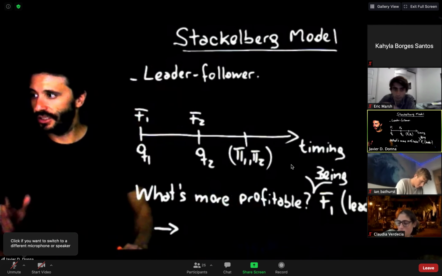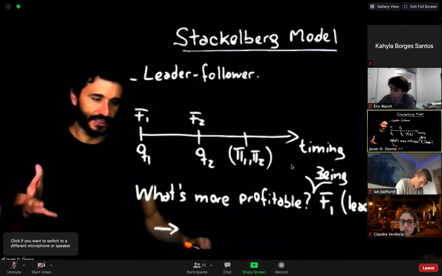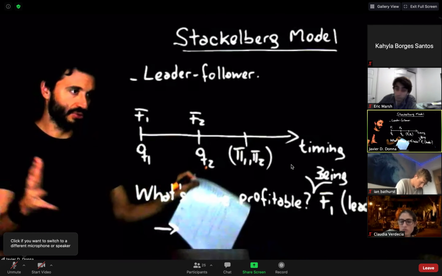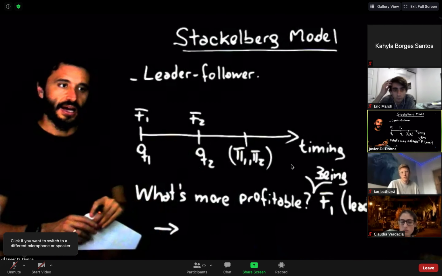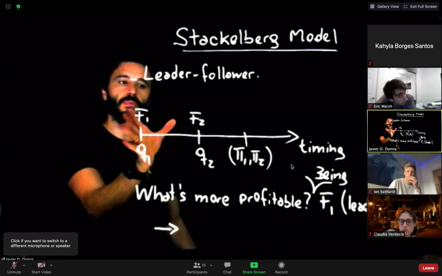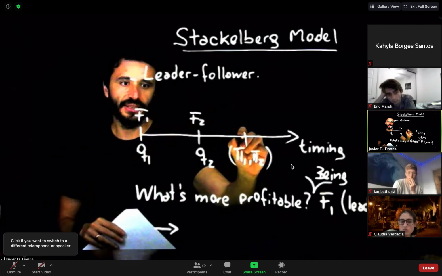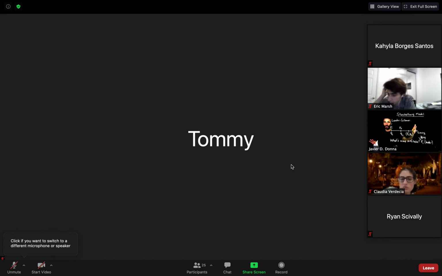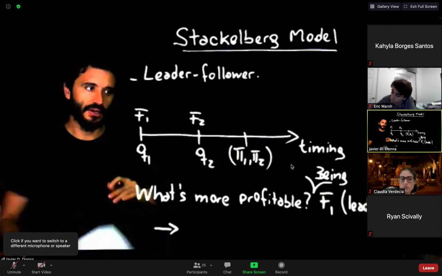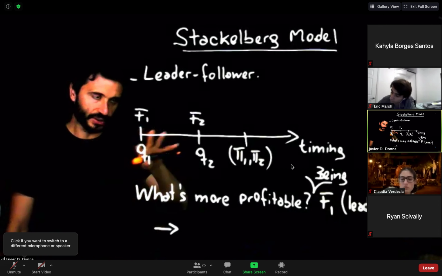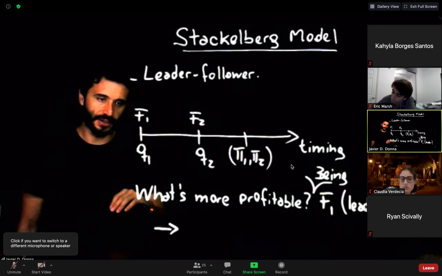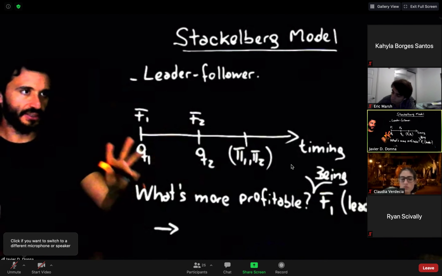What you said, Claudia, was to set the stage, to set up the rules. The key here is that they're going to be playing this game just once. So after the profits are realized, Firm 1 does not play again. So the world ends in a sense. Well, it ends according to the game as we have it. This feature is much more general, but in this simple game, it's just a one-shot game.